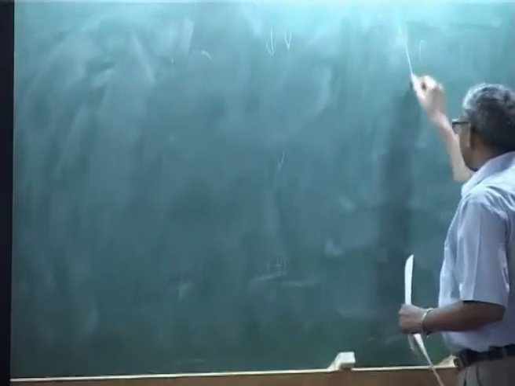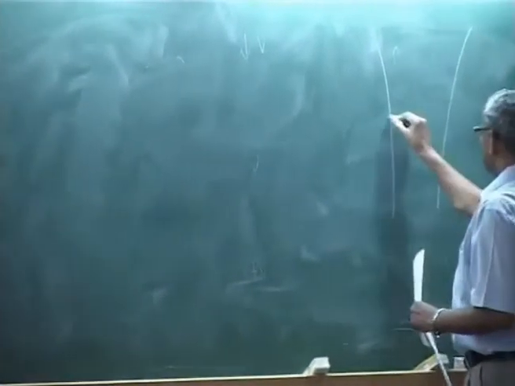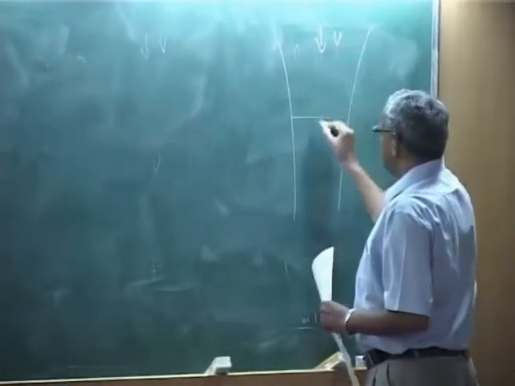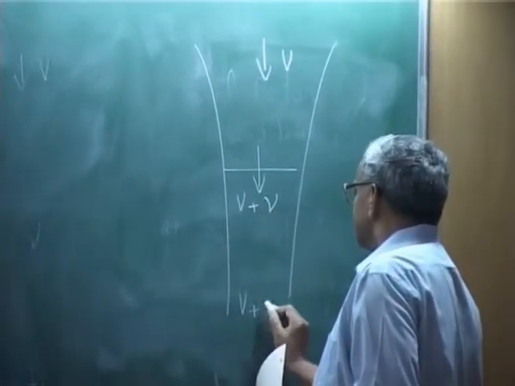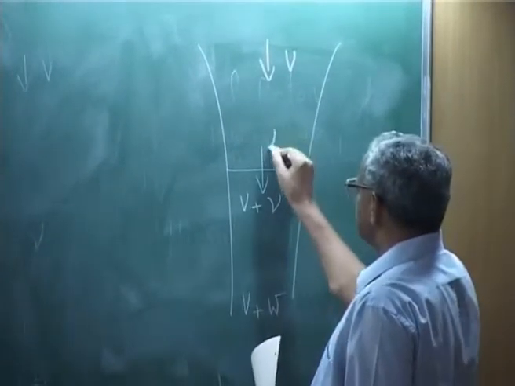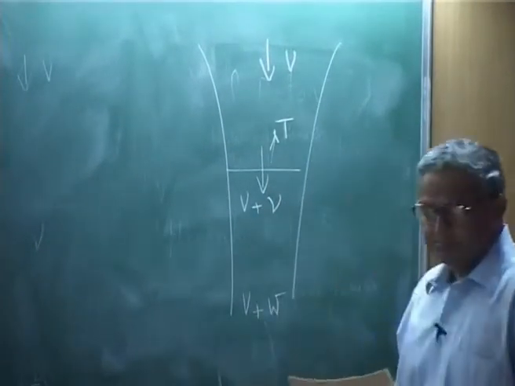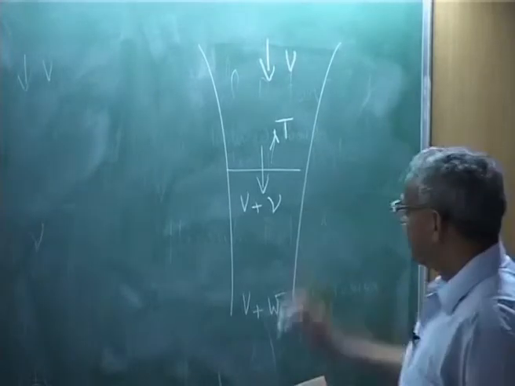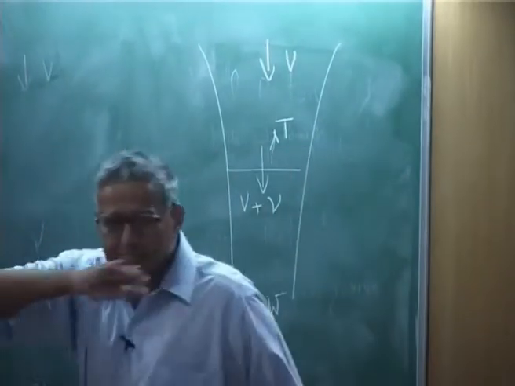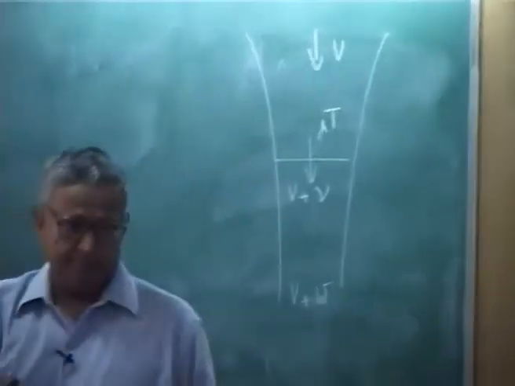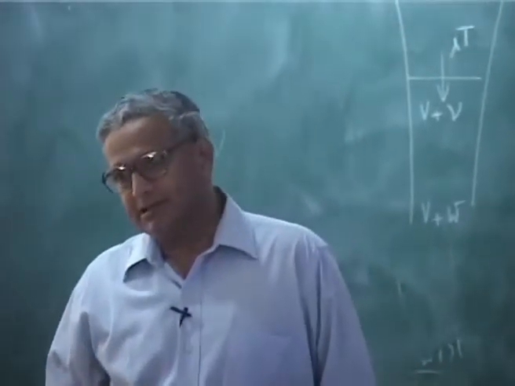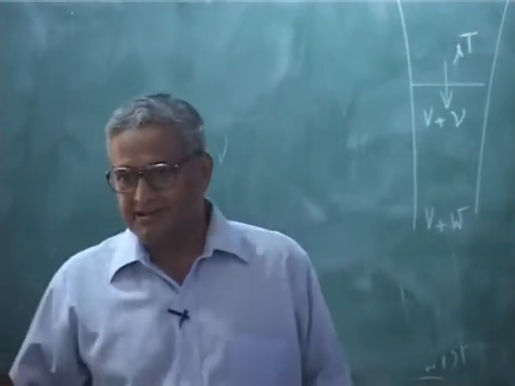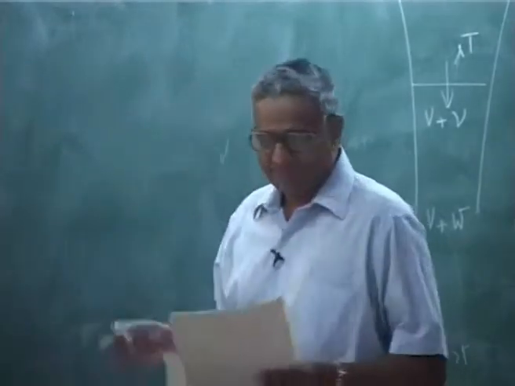The flow is coming with V, here it is V plus nu, here V plus W, and thrust is T. We use the same mass conservation, momentum conservation and energy conservation, only these three basic laws of fluid mechanics.